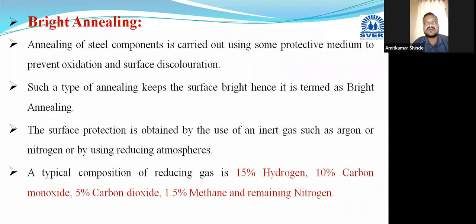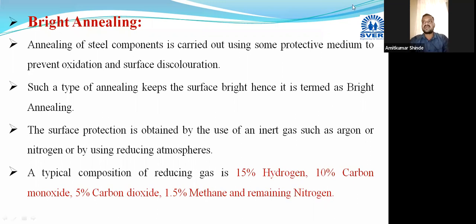Then, depending on the different mediums or different cooling rates used, the annealing processes are classified into different types. One by one, we will discuss those types. The first type is bright annealing.